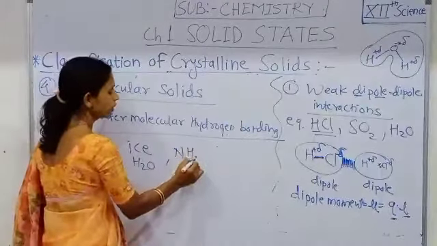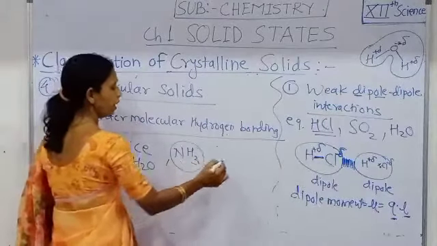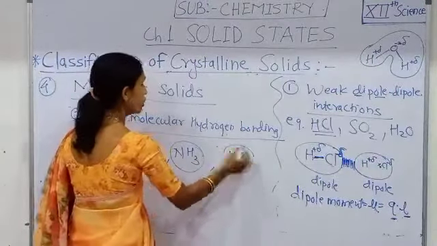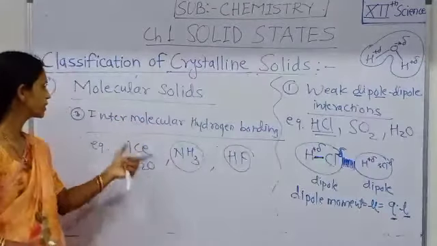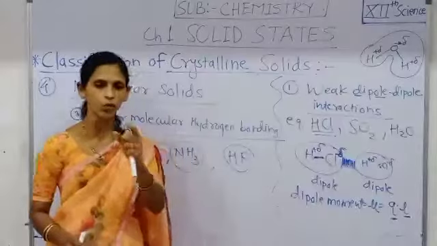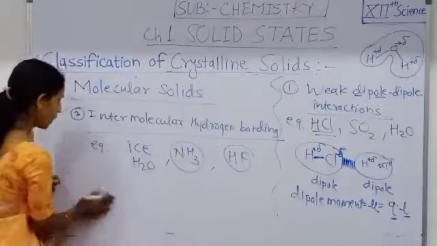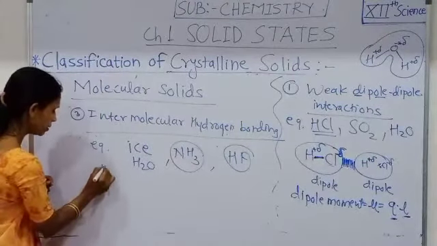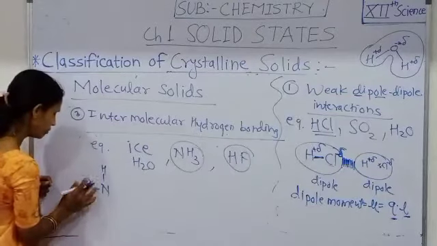NH3, that is ammonia, and HF, the solid forms of those substances, in which intermolecular hydrogen bonding is there. For example, NH3.